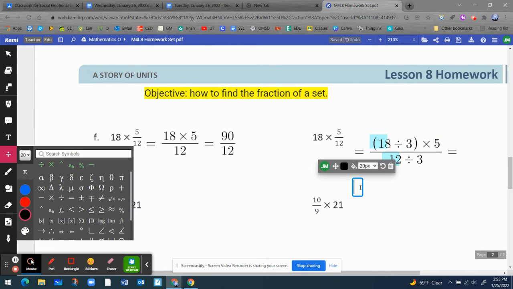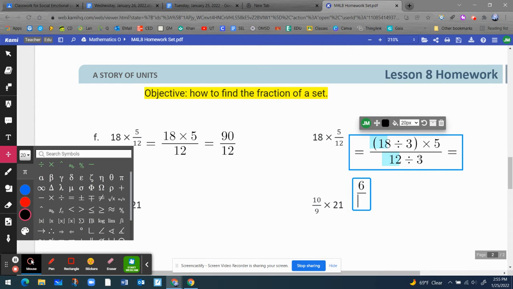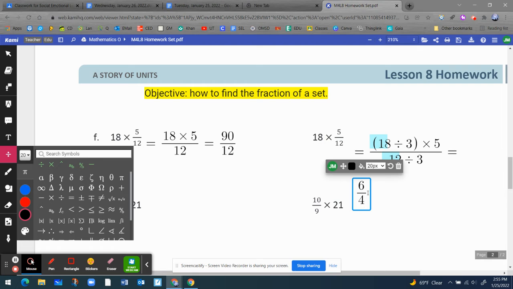The answer is 6, because 6 times 3 equals 18. And the denominator will be 12 divided by 3, and the answer will be 4, because 4 times 3 equals 12. Now, remember, we still have to multiply that times the number 5, because the number 5 has not been changed or utilized.